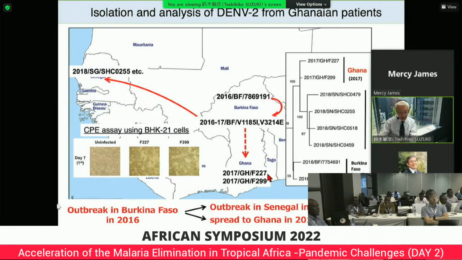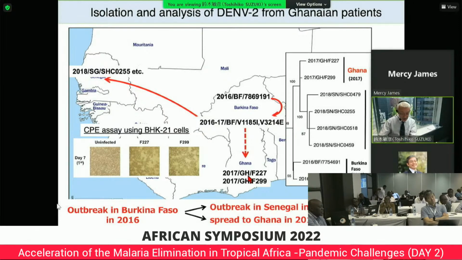As a result, the viruses are considered to have propagated from Burkina Faso, then causing endemic infection in Senegal, but no outbreak in Ghana in 2017 or 2018. These data suggested that some factors suppress the outbreak of dengue fever in Ghana.